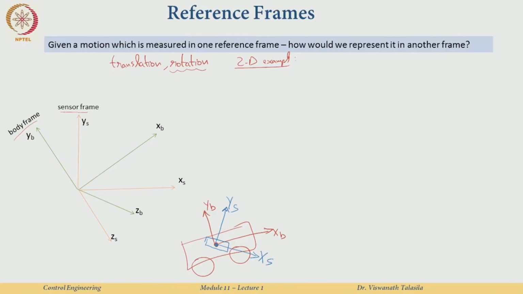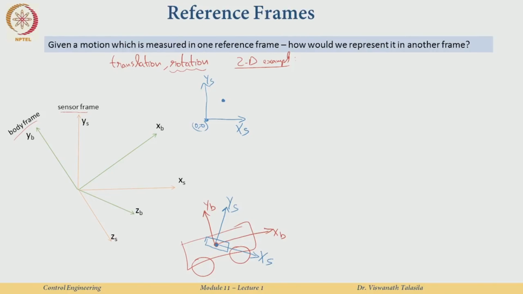So, let us say that in the sensor reference frame, xs and ys, with respect to the origin, of course, we can call it 0 comma 0, it does not really matter, it can be any x comma y, because the two origins are perfectly aligned. Now, with respect to the origin, let us say I have measured a certain motion which is over here, and this could be acceleration or angular velocity, whatever it is, depending on whether I am using an accelerometer or a gyroscope, any one of the sensors you can assume.